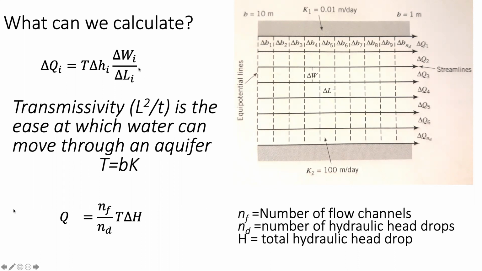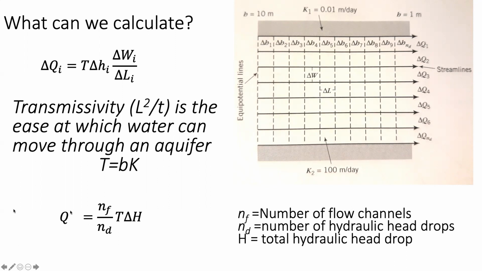Once you're able to say, okay, I have a hydraulic conductivity, I know what my head drop is, I know what the width of my flow channel is, I know what the length is between my box, you're then able to solve for the discharge through that area of interest.